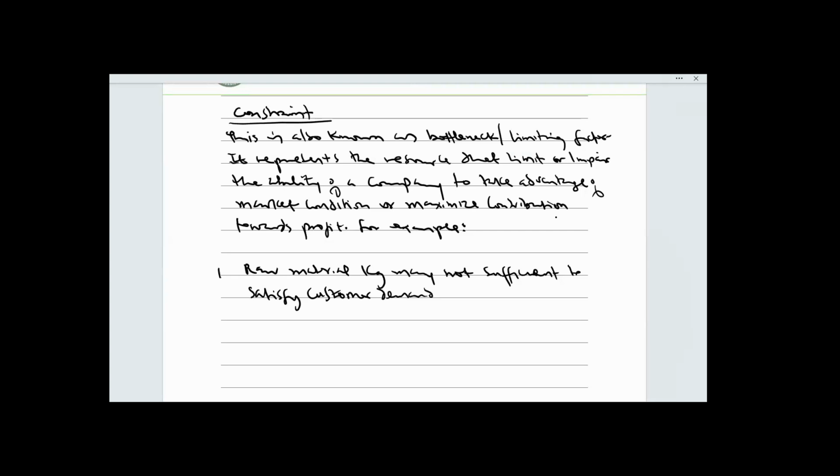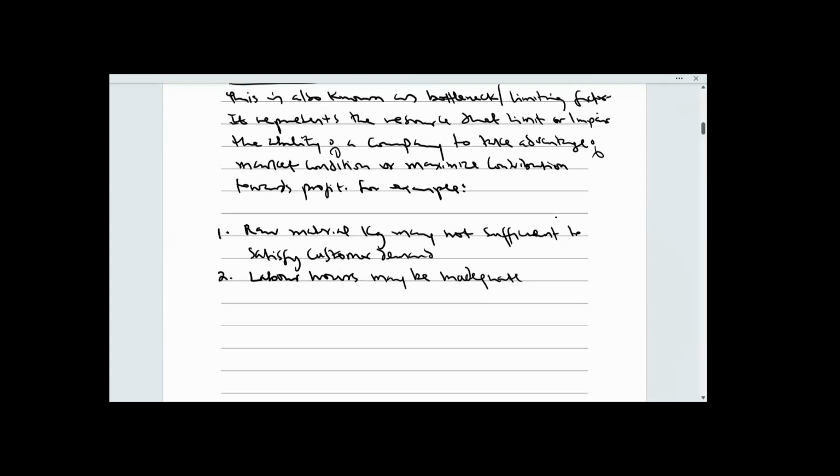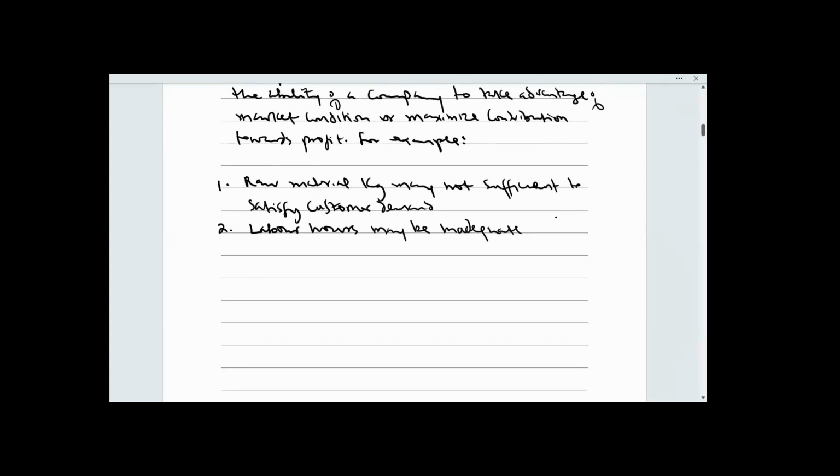Not only that, labor hours may be inadequate to produce the required outputs.